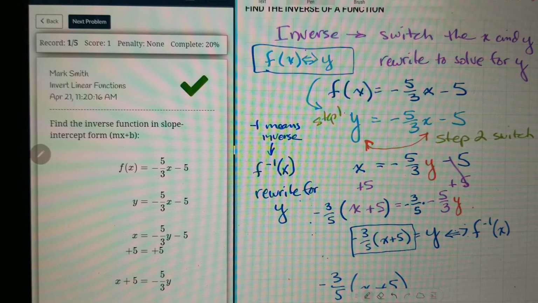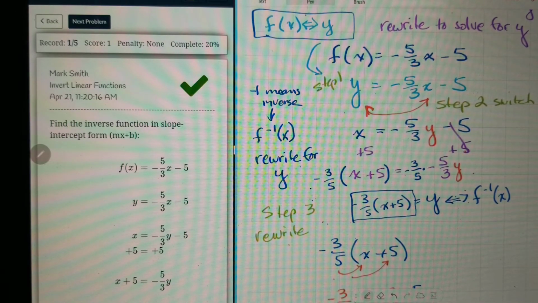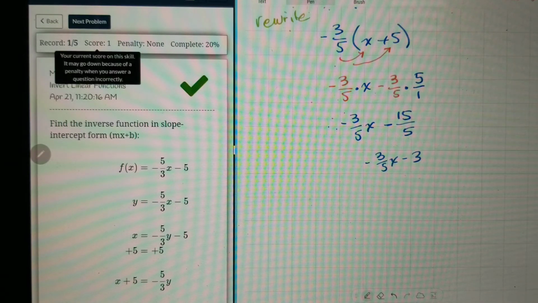And then step 3 was all this mess here to rewrite. So step 1, change this f of x to a y. Step 2, switch them, and then rewrite. Okay, so step 1, 2, 3. All right, let's do our next problem.